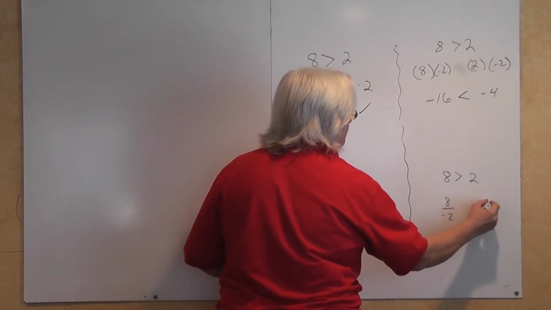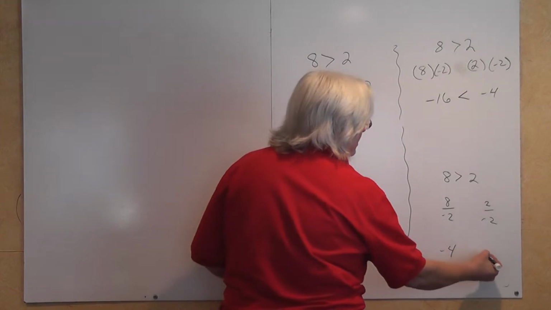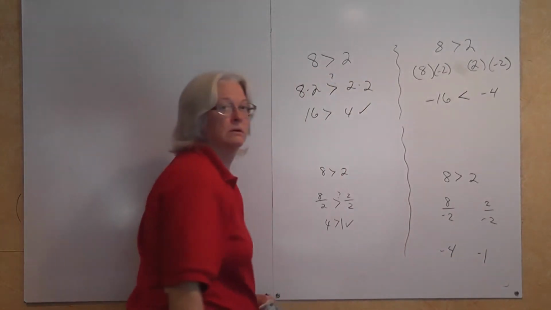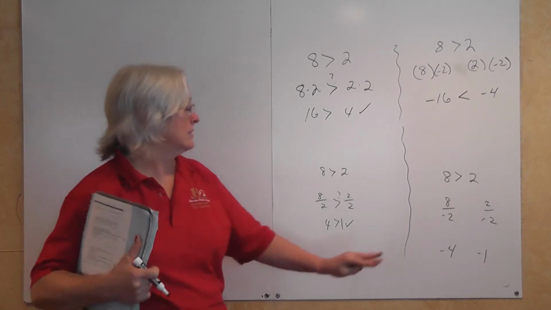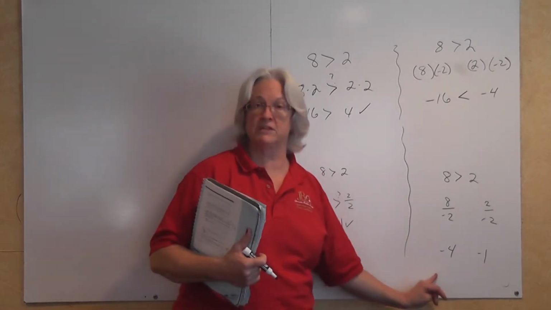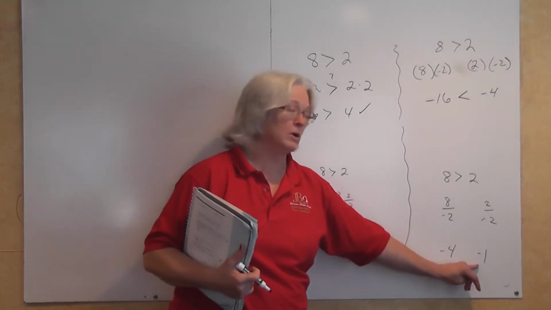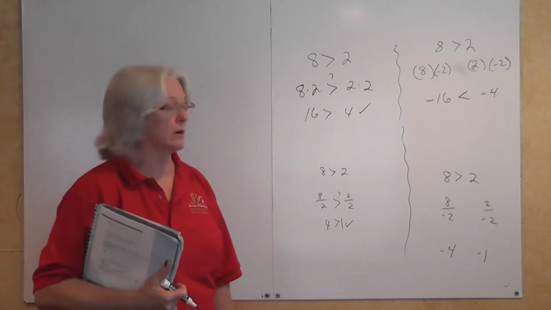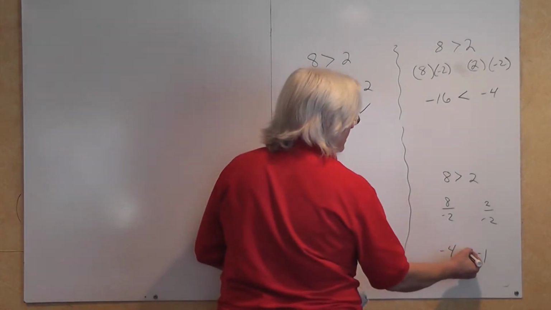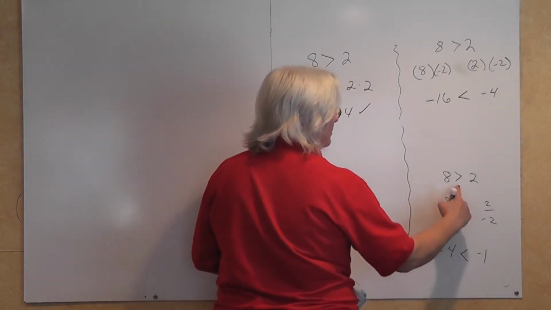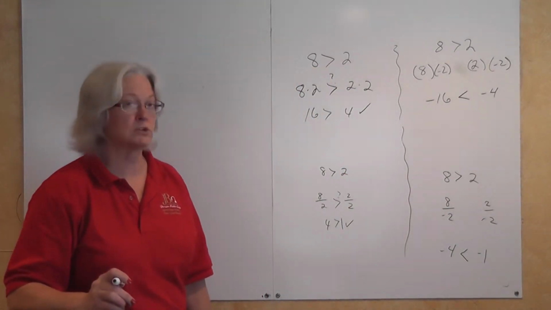That should be a 2. 8 divided by a negative 2 is negative 4. 2 divided by a negative 2 is a negative 1. Which is the larger number? Is negative 4 greater than negative 1, or is negative 1 greater than negative 4? Yeah, negative 4 is the smaller number. And look, the direction of that inequality symbol changed.